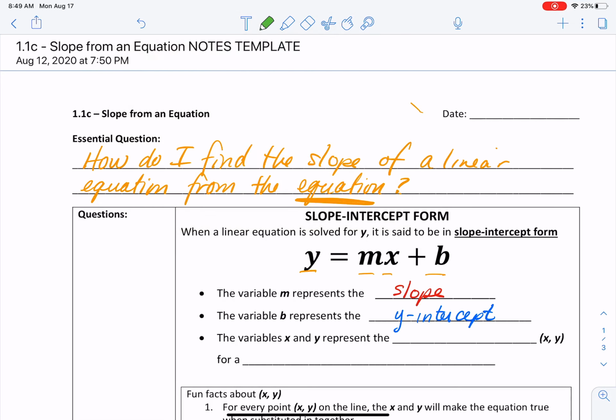The variables x and y represent the ordered pair xy, the point that you see for a point on the line. So each letter represents a different thing in the equation, and they're all important.